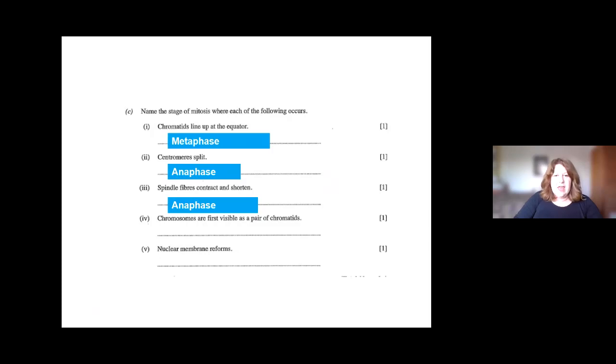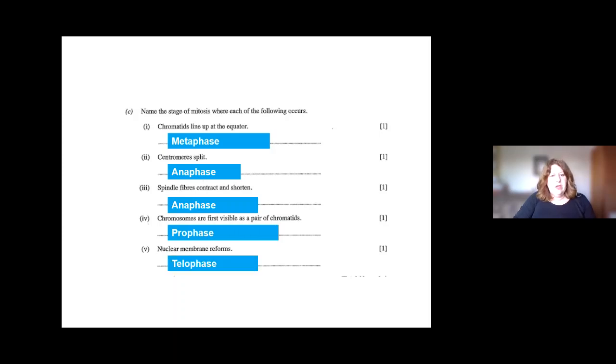And of course, they're contracting and shortening, and that's the pulling force that takes them to the poles. Chromosomes first visible as a pair of chromatids, and that is prophase. Absolutely. Remember, we talked about how you could recognize prophase as opposed to interphase. Nuclear membrane reforming, and there we go, we've got telophase.